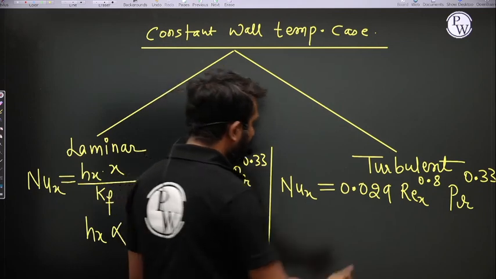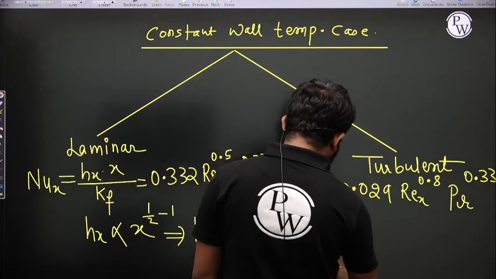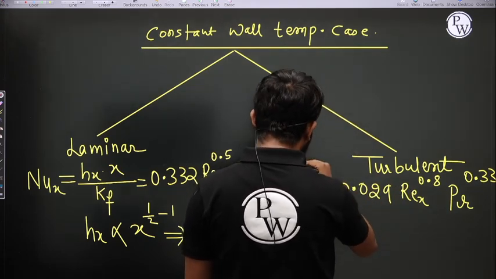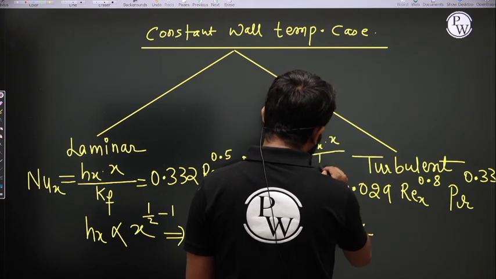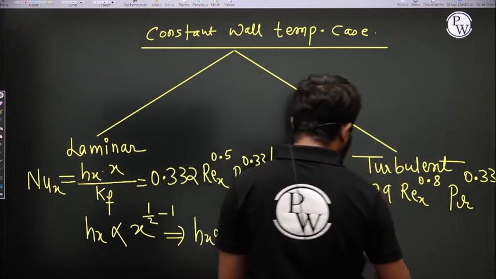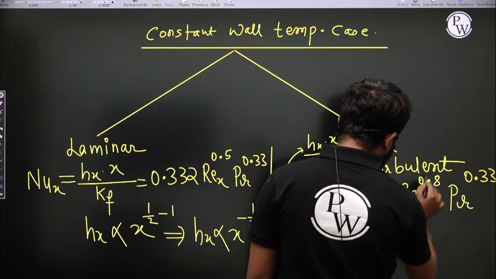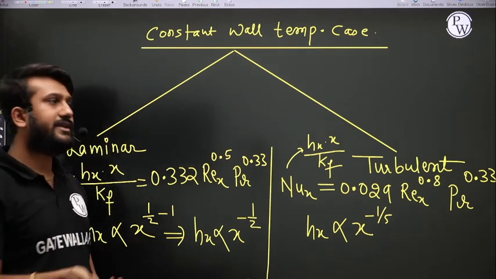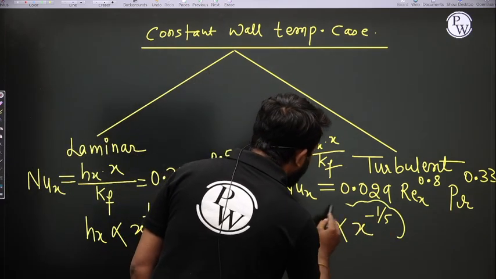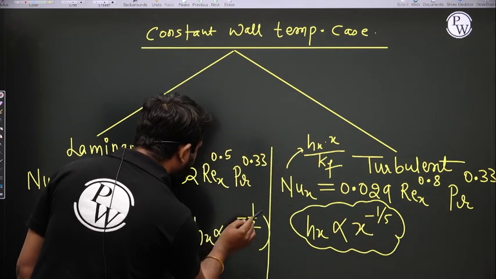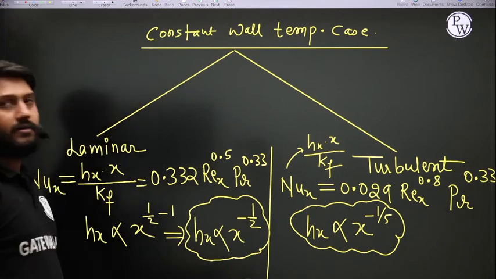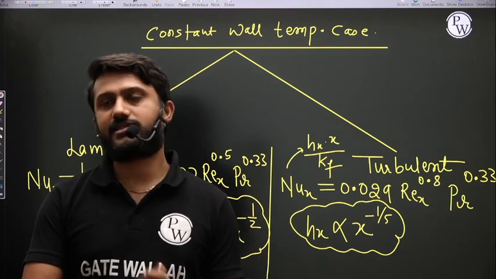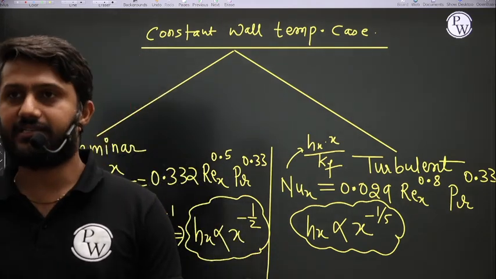In case of turbulent flow, Nu_x is proportional to x^0.8, and Nu_x is h_x x / k_f. So the exponent is 0.8, that is 4/5, minus 1, so it is minus 1/5. So h_x is proportional to x^(-1/5) for turbulent, and x^(-1/2) for laminar. In both laminar as well as turbulent flow, the convective heat transfer coefficient decreases as x increases.